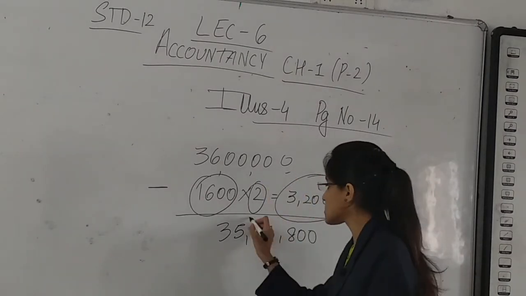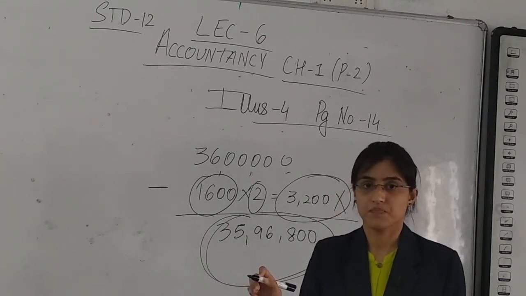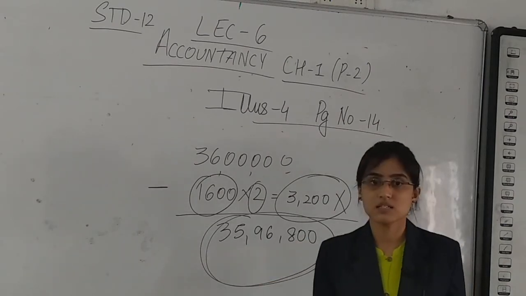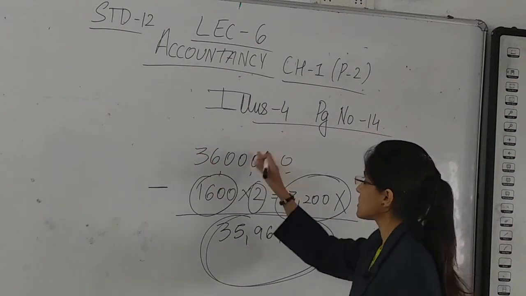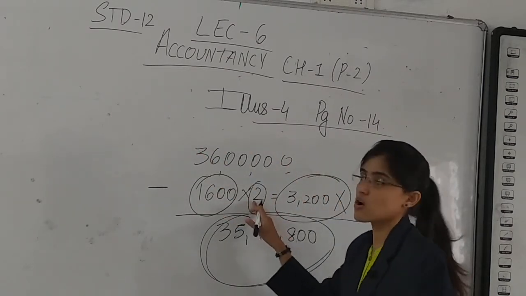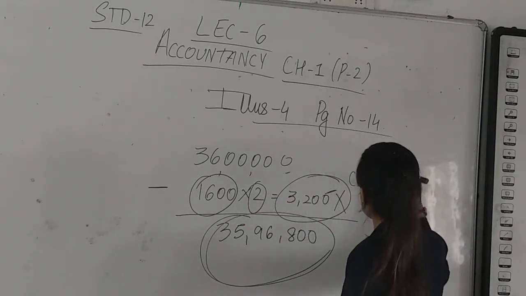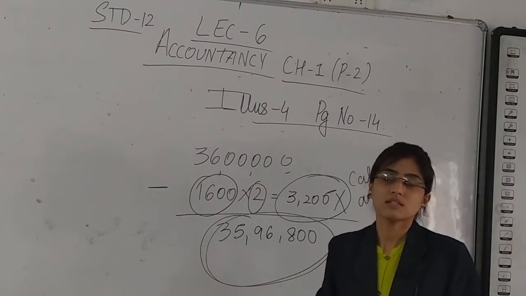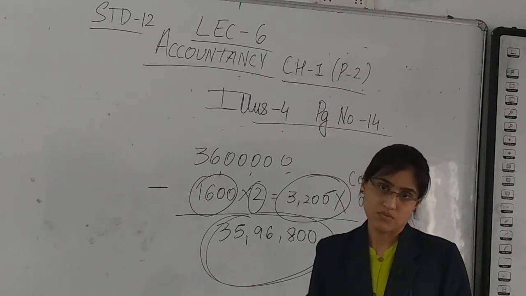So how much amount is received? 35,96,800 is received. I repeat, 36 lakh becomes due. On 1600 shares, 2 rupees are not received. That means this is call in arrears. And this is the amount which is actually received.